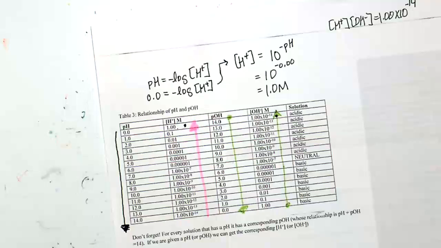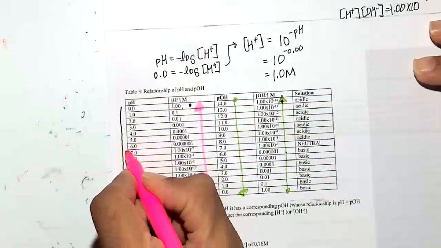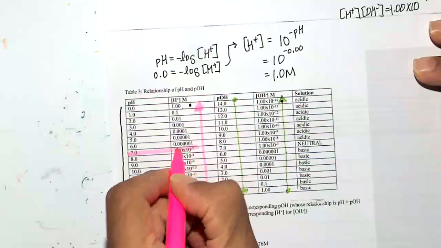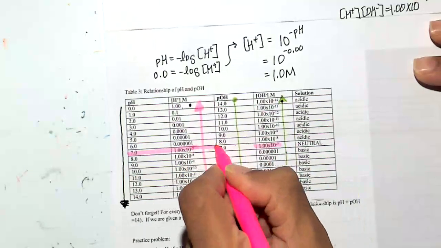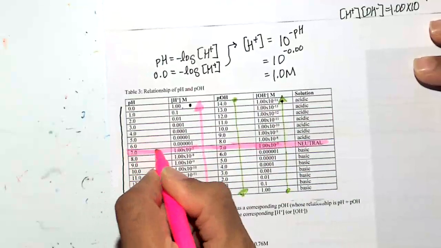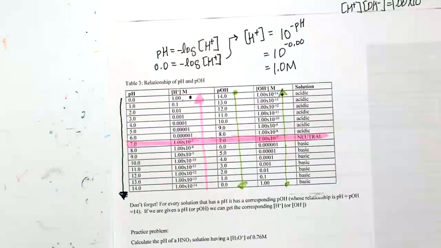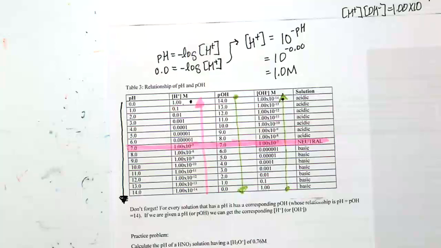So these are opposites. The only time they're equal to one another is when it's neutral: 1 times 10 to the minus 7 and 1 times 10 to the minus 7. So that's understanding the relationship between pH and the hydrogen ion concentration.